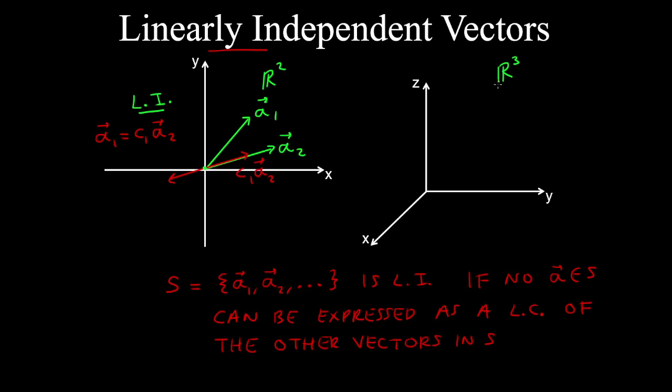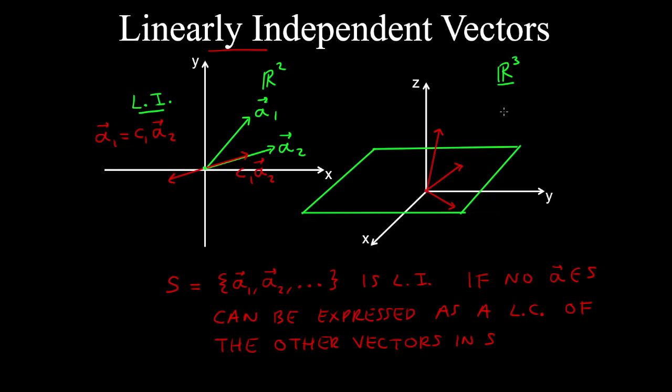Now in 3 space, suppose we have a plane at the origin that looks something like this, and suppose we have two vectors on the plane and one vector outside the plane, with their initial points at the origin.